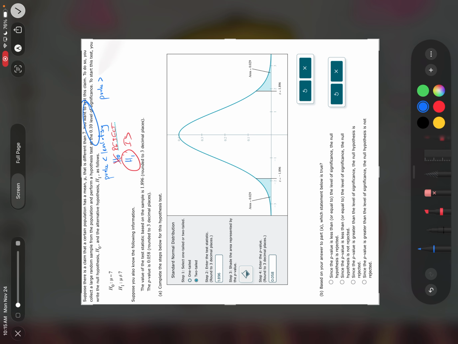If the p-value is greater than the level of significance, it's going to be the opposite. We are going to circle this one. So we'd say you do not reject. There is not evidence. So the nots go together. Not reject. There is not evidence. So you are trying to prove whether one's more right than the other.